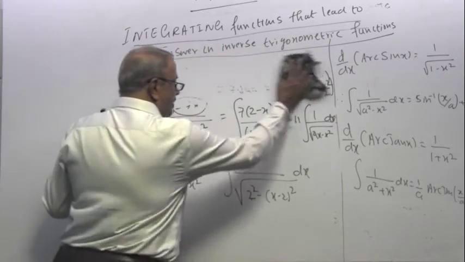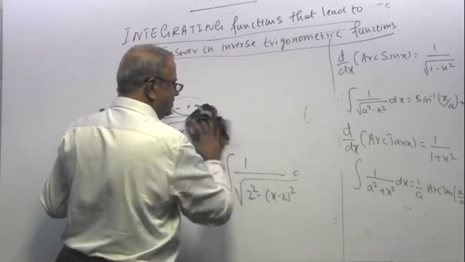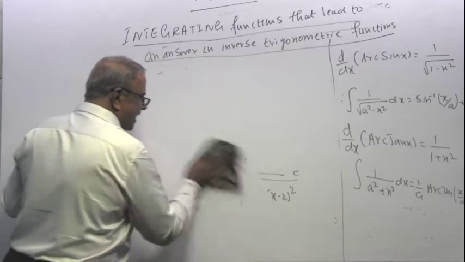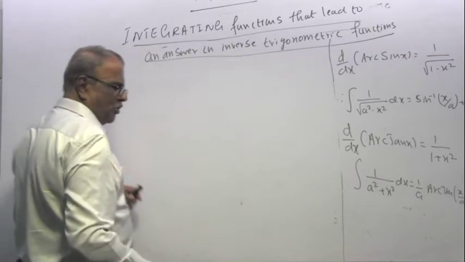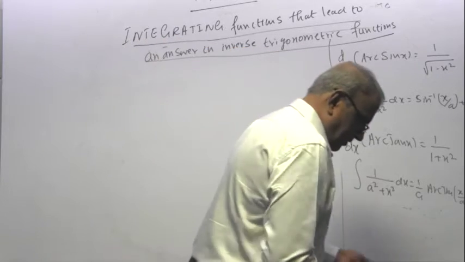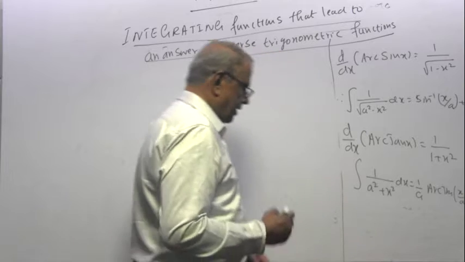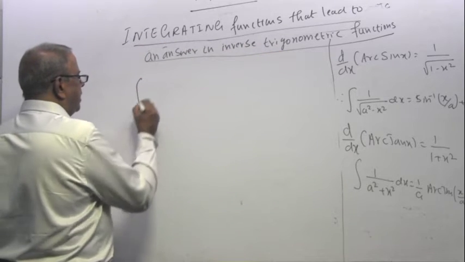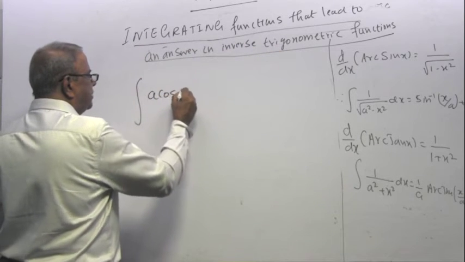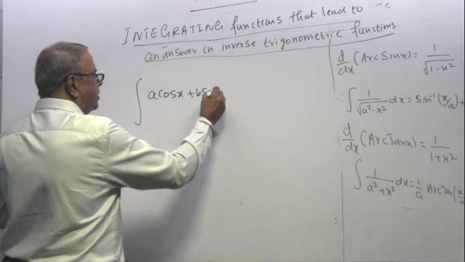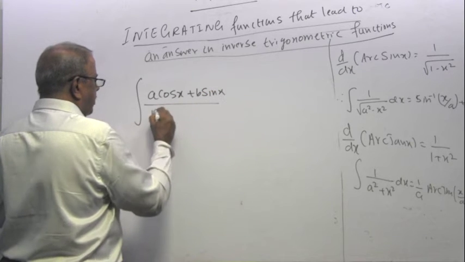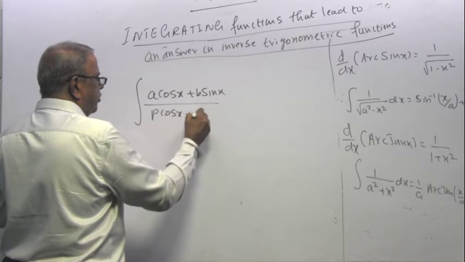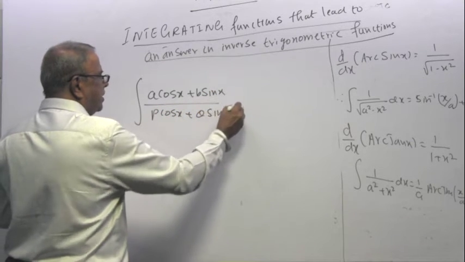And now we go from simple to complex. This is a technique which I show you, which you can use. Remember this: integral of a cos x plus b sin x over p cos x plus q sin x dx.